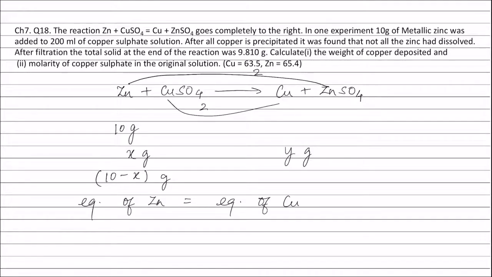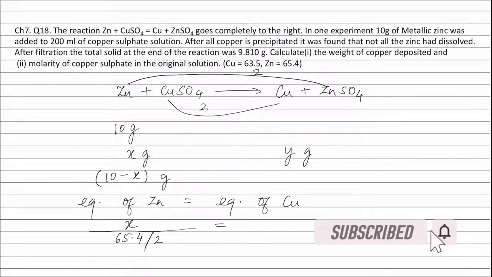Equivalents of zinc will be equal to weight of zinc, that is x gram, divided by equivalent weight of zinc. Now equivalent weight of zinc will be equal to atomic weight of zinc, that is 65.4, divided by valency factor of zinc, that is 2. And this is equal to equivalents of copper.